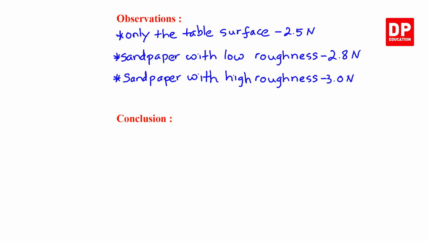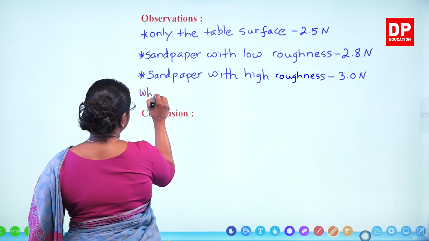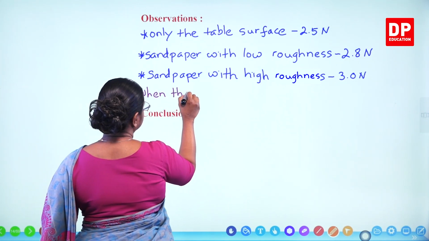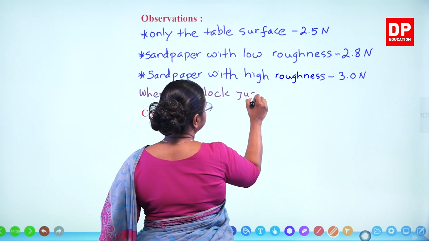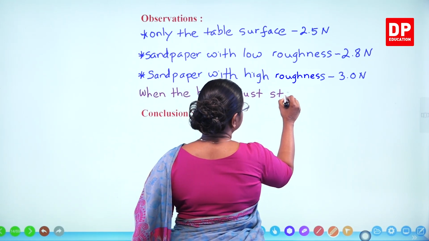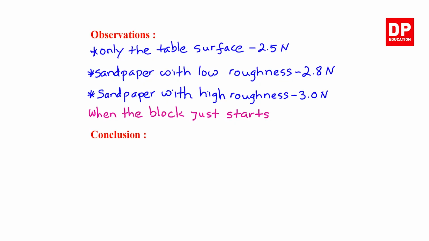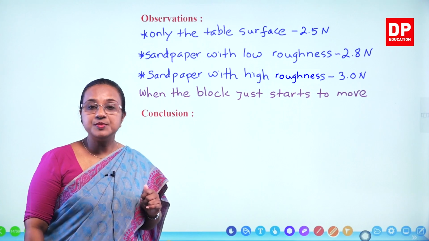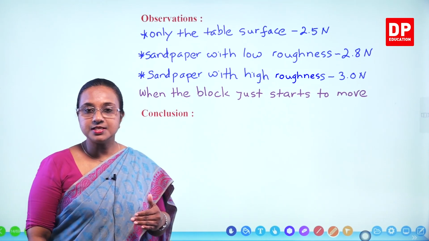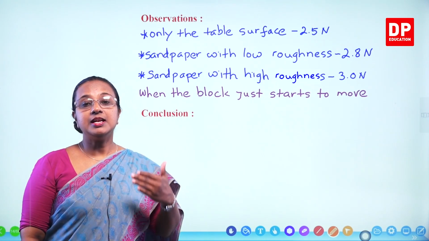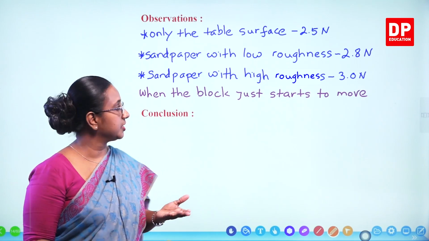All these are when the block just starts to move. So this was the observation of the activity. Different surfaces, different limiting frictional forces.